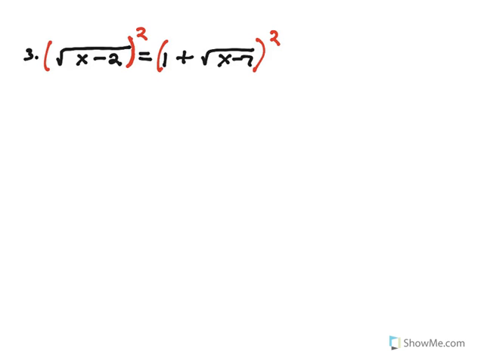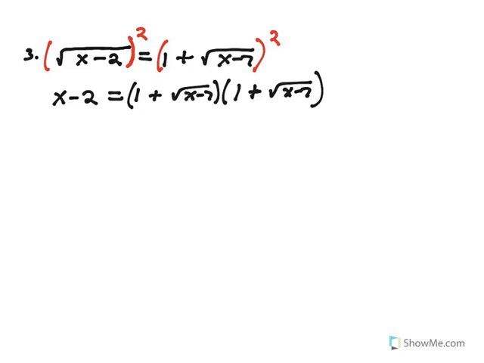All right, when we do the left side, that's just going to be x minus 2 equals 1 plus square root of x minus 7 times 1 plus square root of x minus 7. We really can't drop the radical in this case because the whole thing is not under the radical, so we're going to have to FOIL this out, which will still work, okay?